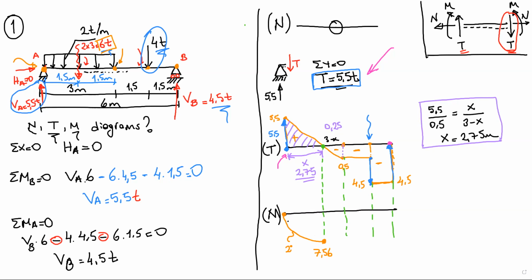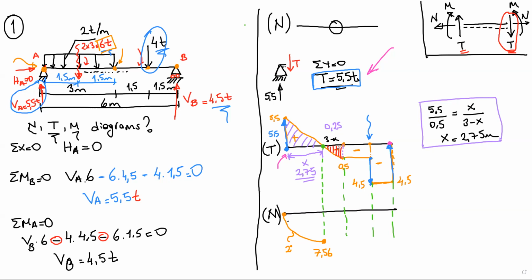Now we are at this point. Now let's calculate this area. So that area is 0.25 times 0.5, 0.06.